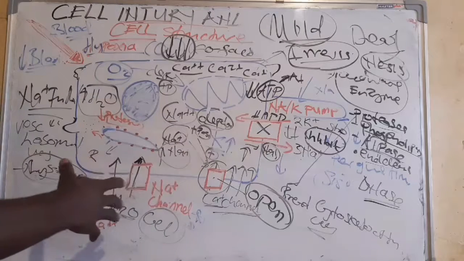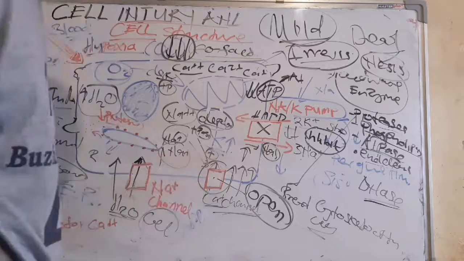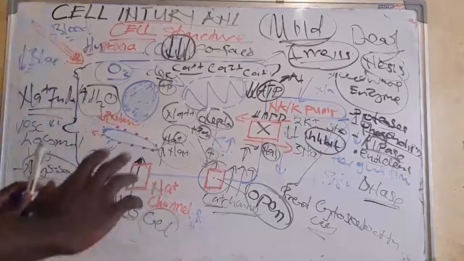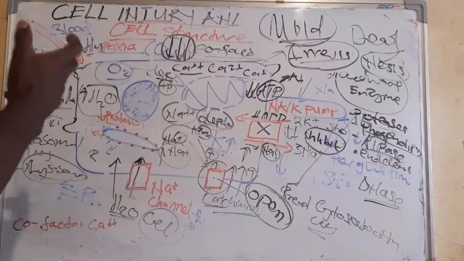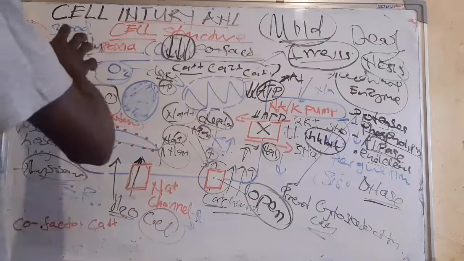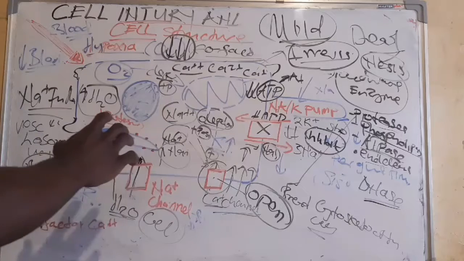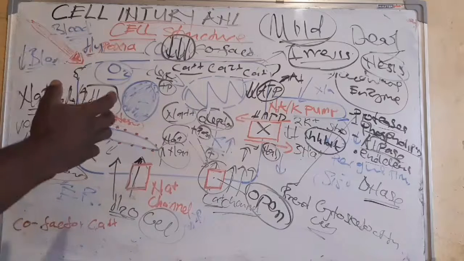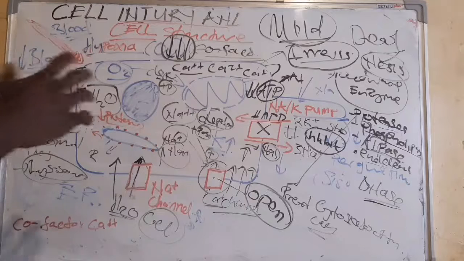So now let's talk about apoptosis. Before I talk about apoptosis, what you need to know is that the process of necrosis is as a result of pathological causes only.